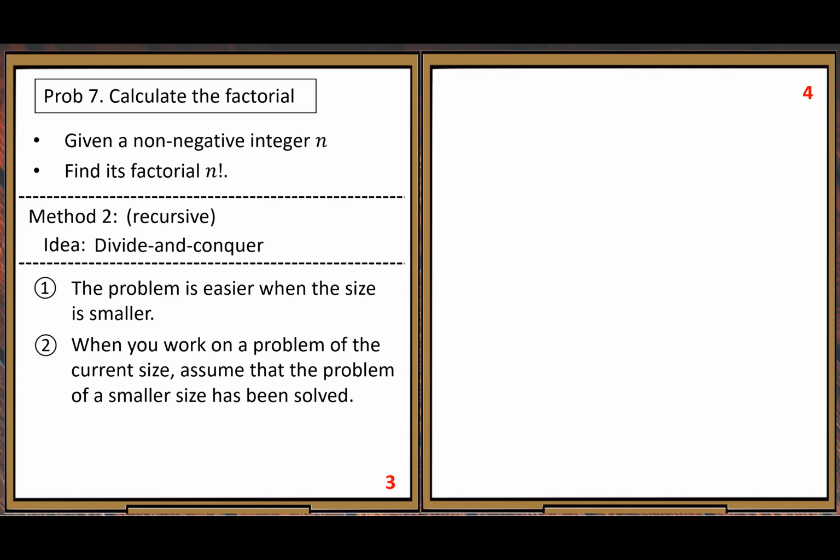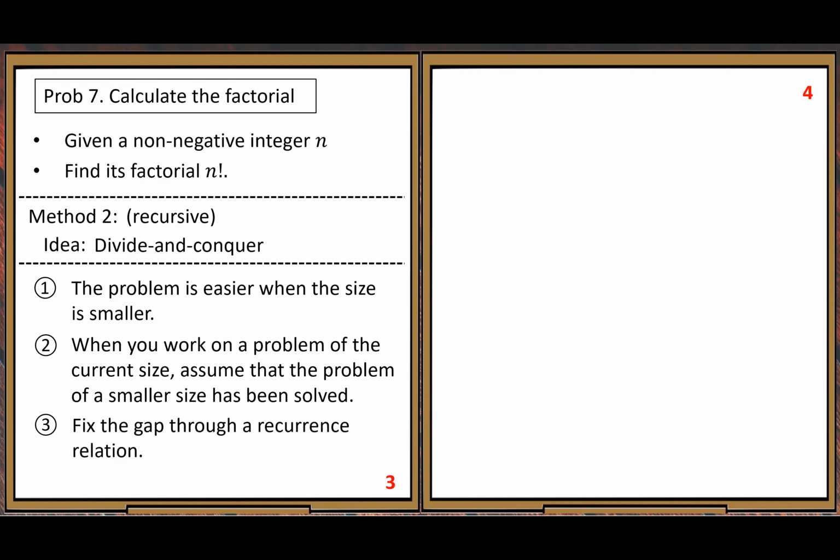You can assume that because you can start from the problems with smaller sizes. You make that assumption, then you can do recursion, and at the same time it follows the divide and conquer idea.